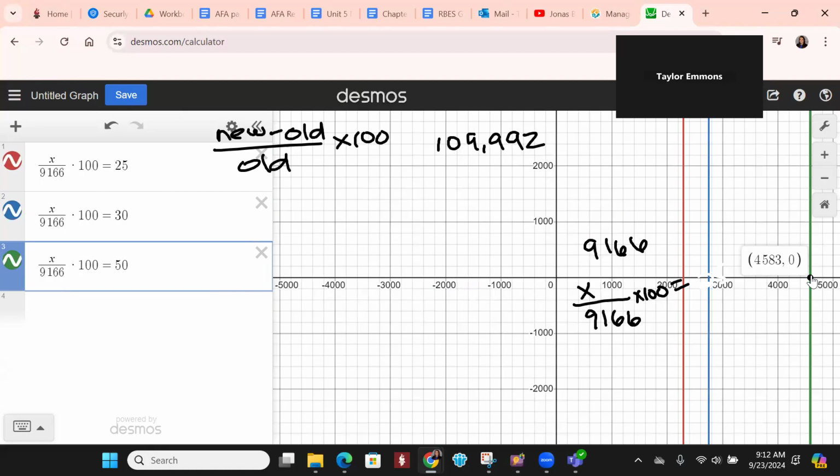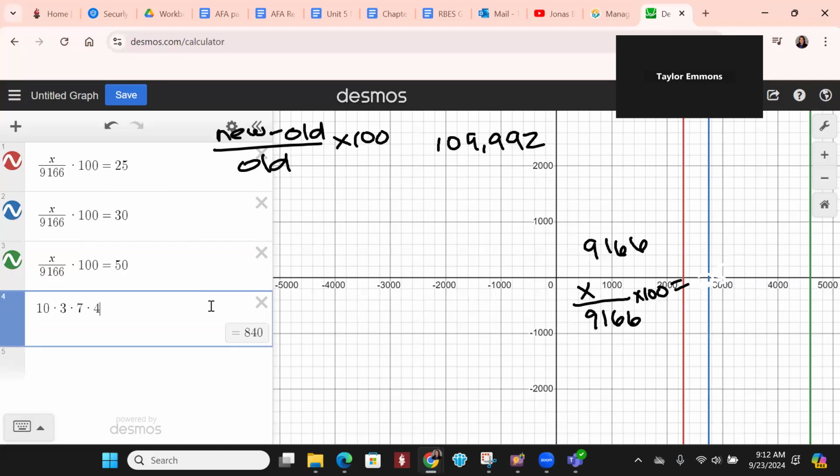Let's say that each meal is $10. Okay, how many meals a day do you eat? 3. Okay, roughly 3, right? How many days are there in a week? Okay. And then how many weeks are in a month? You spend almost $840 if you are only at $10.